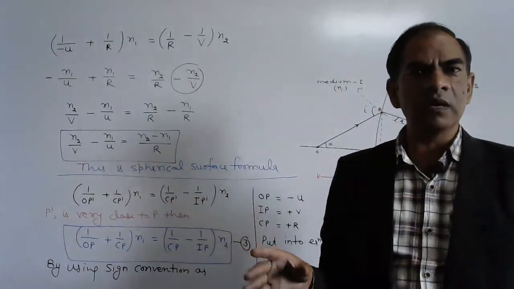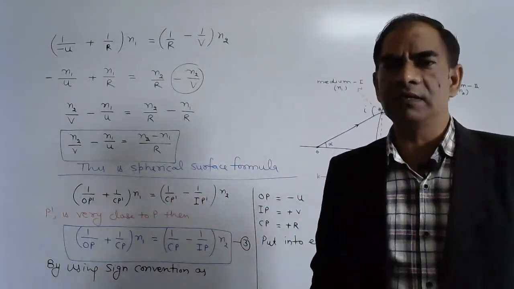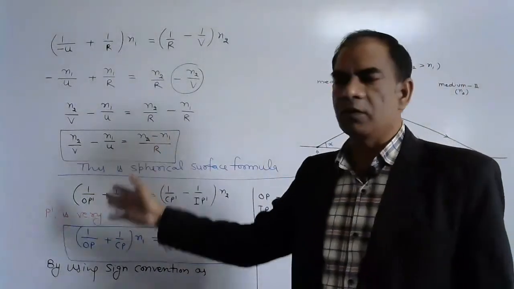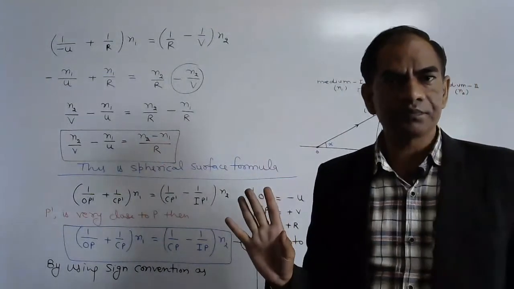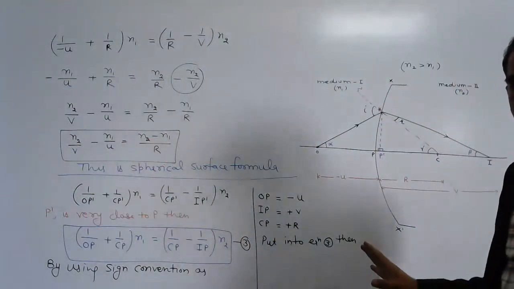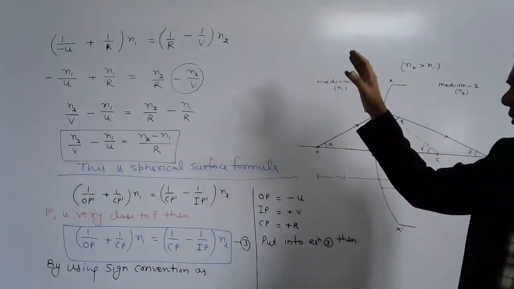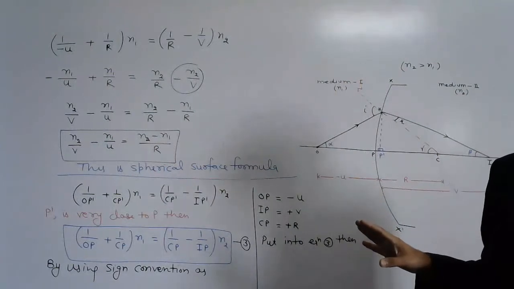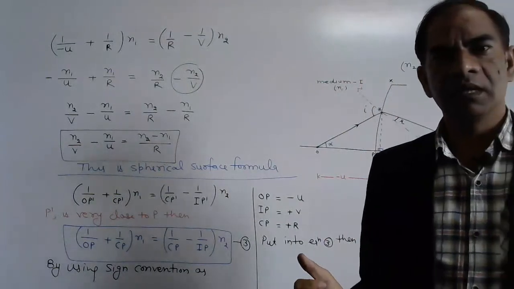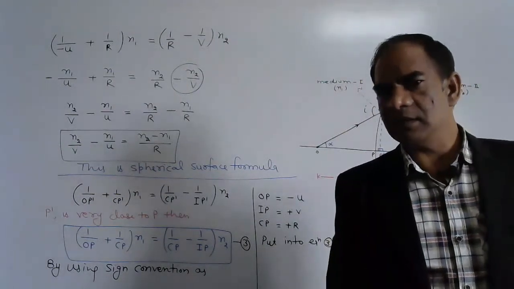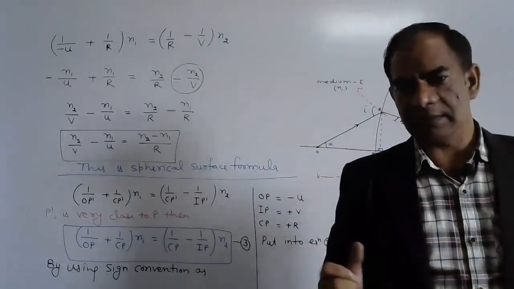The spherical surface formula means the relation between the distance of the object, image and radius of curvature, and how this formula is affected by the refractive index of these two media. This is a very important formula. You can see here how this formula can be derived, and this formula is the base for the lens maker formula. And in the CBSE exam, numericals based on this formula are generally asked many times.